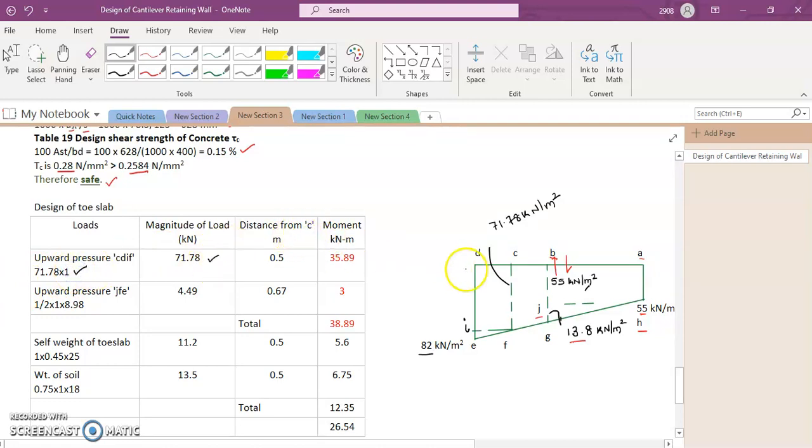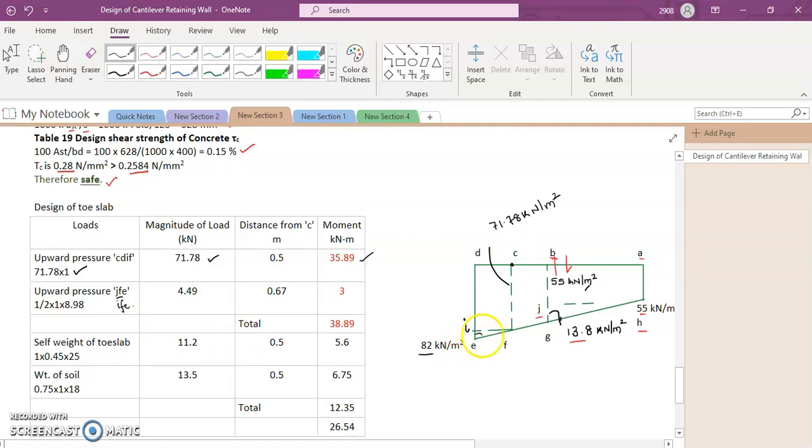Here we have to find out the distance from the point C. The distance from C is 0.5, and the moment is 71.78 into 0.5, which gives us 35.89. Since this is upward, I have marked it in red. Next we have, due to the triangular portion IFE, half into base into height.